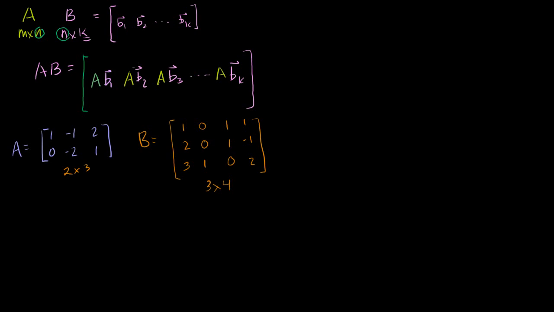So by our definition, what is the product AB going to be equal to? Well, we know it's well defined because the number of columns here is equal to the number of rows. So we can actually take these matrix vector products. You'll see that in a second. So AB is equal to the matrix A times the column vector 1, 2, 3.